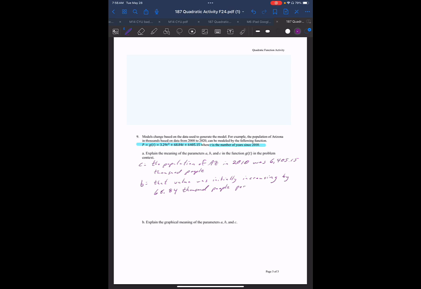So this tells us how the population of Arizona was increasing right at that moment when T is equal to 0.